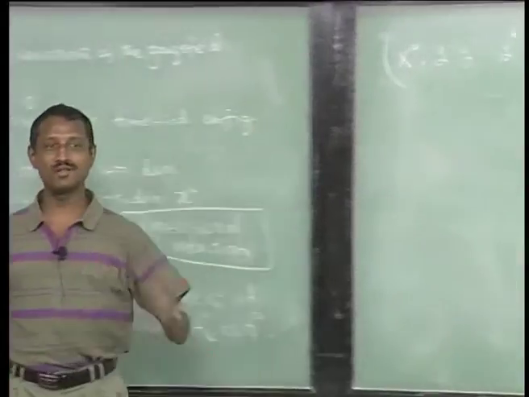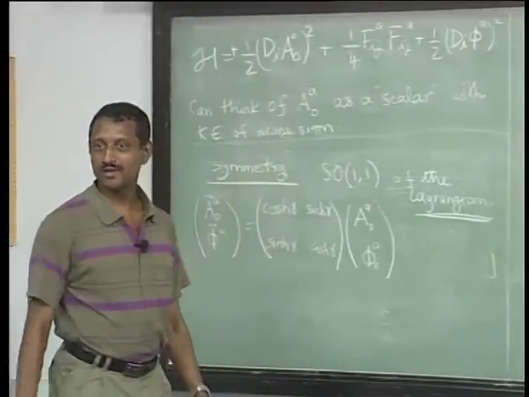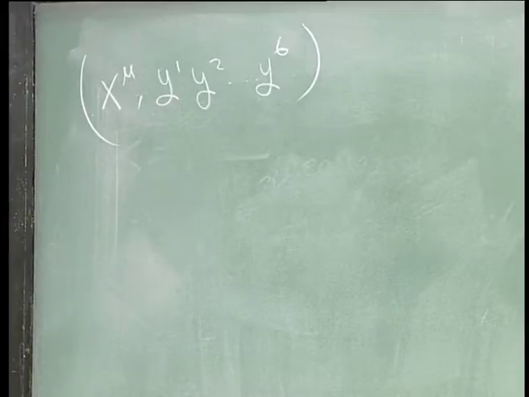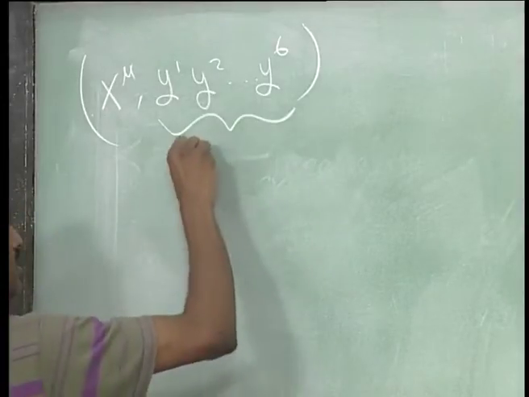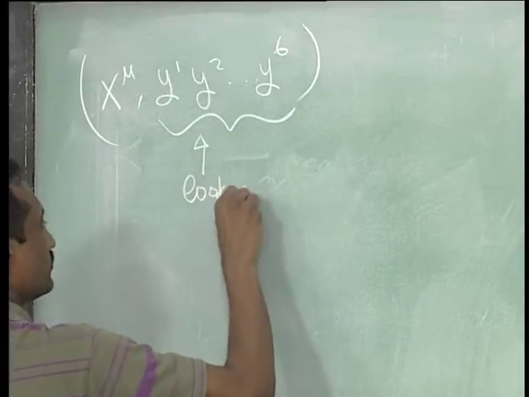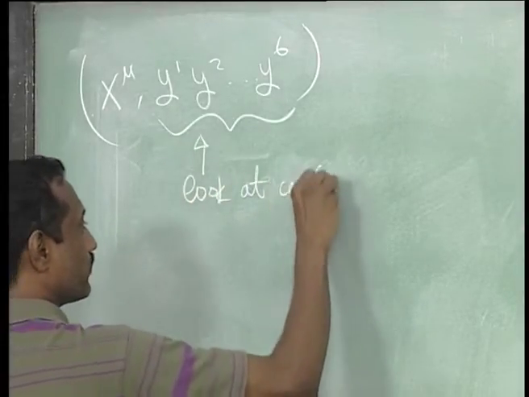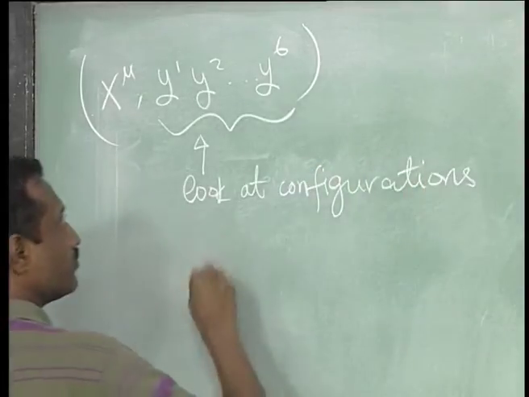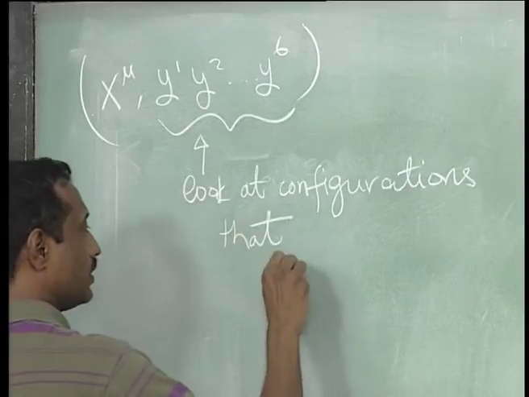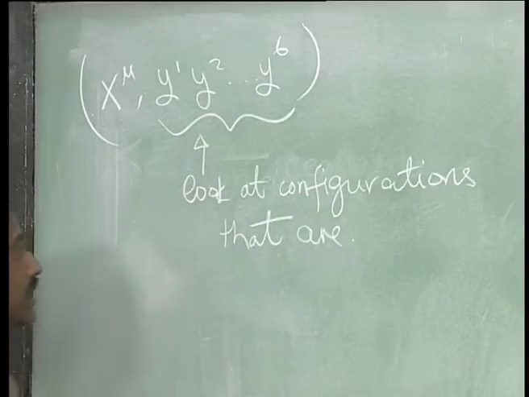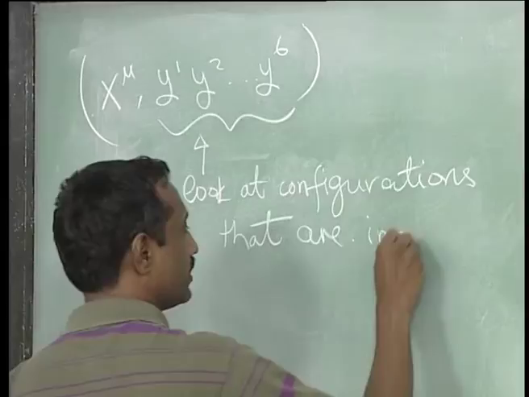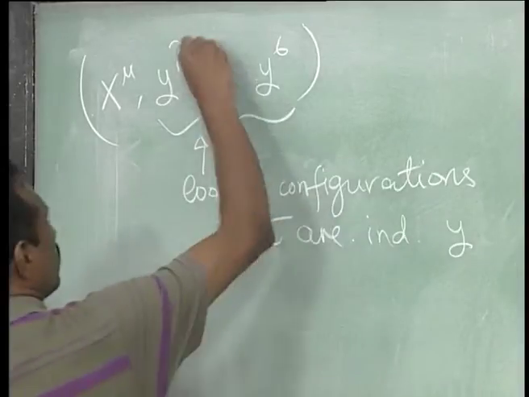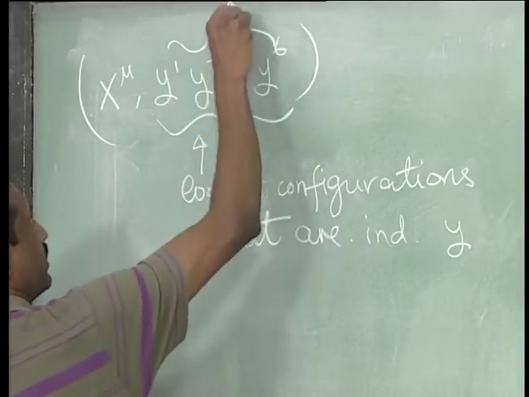So this is our normal spacetime coordinates, and we will choose 6 such guys, and again look at configurations that are independent of y. Let us call this combined thing y capital A.